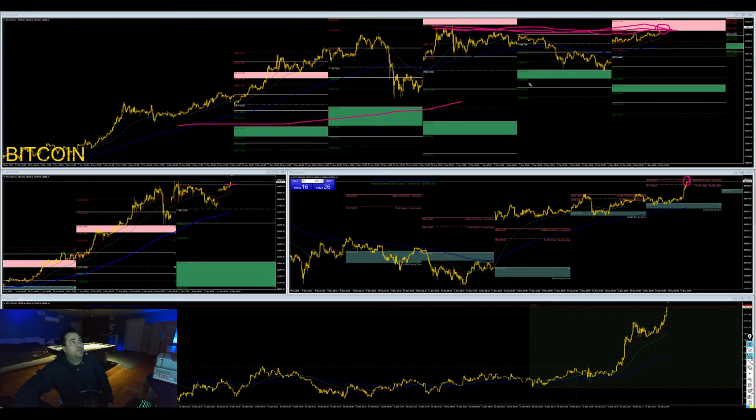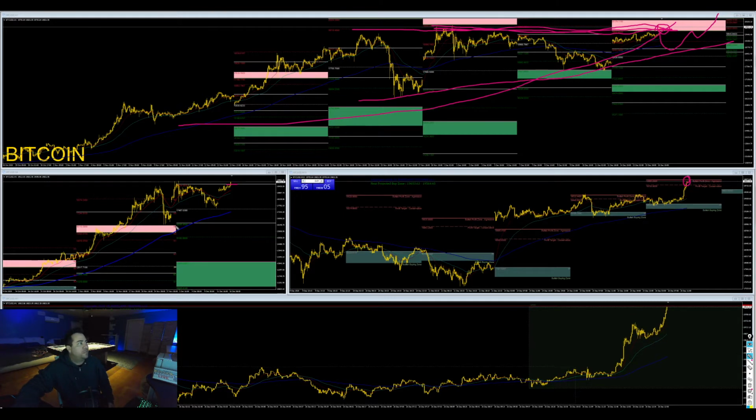Also, I'm saying Bitcoin likes to consolidate. We have this triangle right here that's going on. It's kind of something a little bit more like this. So it can still make another dive down and then something like that.